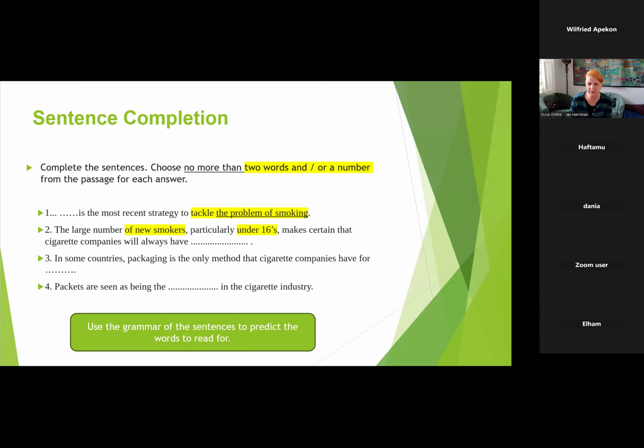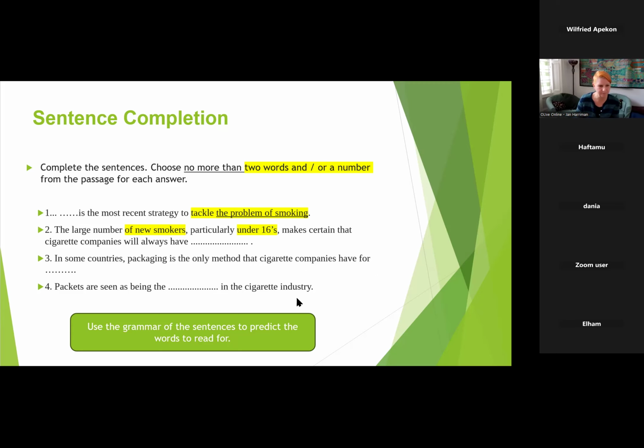What do cigarette companies do? Yeah, exactly. Yeah, it will always have buyers. Exactly. We'll have money, profits, an audience. Excellent. Good job.